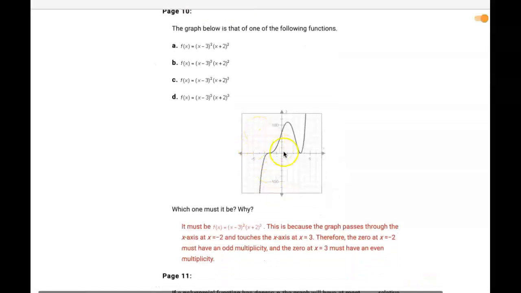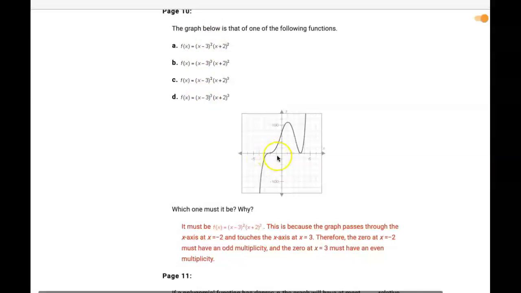So this one is going to have a multiplicity that is even, and looking at our options, it's going to be to the power of 2. This one, since it's passing through, is going to be odd, either a 1, 3, or 5. And since we only have the option here of 3, that means that whatever x value this is, it's going to have that multiplicity of 3.